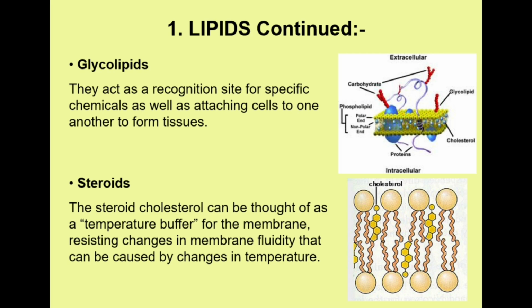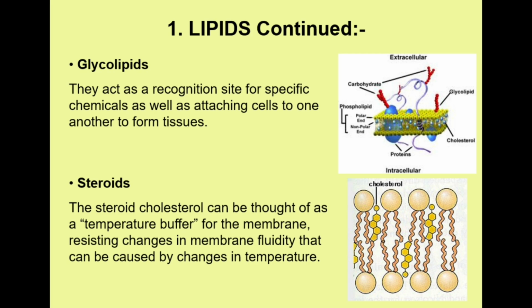It's constantly moving, and those proteins are moving around within it. That fluidity is really important in controlling what can get in and out of the cell. If the membrane becomes too firm or solidifies, then the cell is not going to be able to control what gets in and out. And likewise, if it becomes too liquid, if it falls apart, then obviously the cell will lose its structure.